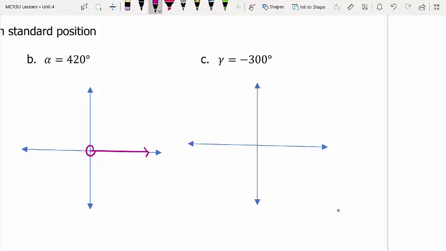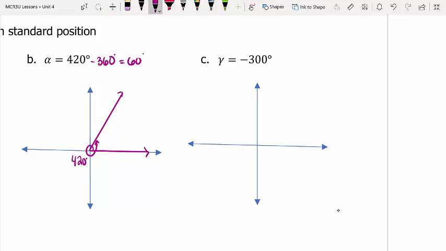So I'm going to subtract 360 from 420, and whatever's left over is that extra piece that I now need to include. Okay, so it's 60 degrees, so that means there's a full rotation plus another 60 degrees. Okay, so there's the angle of 420 in standard position.